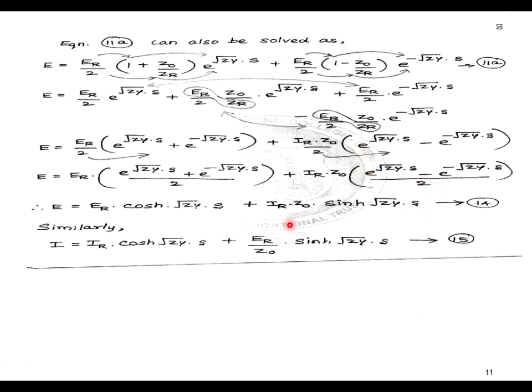This looks like one formula, that is cosh theta equal to e power theta plus e power minus theta divided by 2. So that we are writing here.